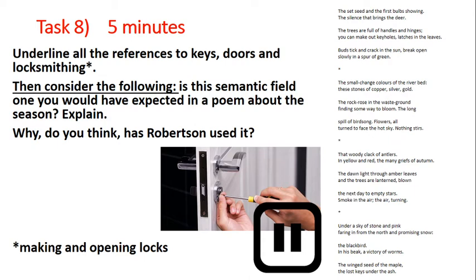And once you've done that and you've found a good range of quotations, then I want you to have a think about whether this is a semantic field you would have expected in a poem about the seasons. And then I'd like you to explain that. And then again, I'd like you to think about the poet's intentions, and what all these references to locksmithing are doing in this particular poem.